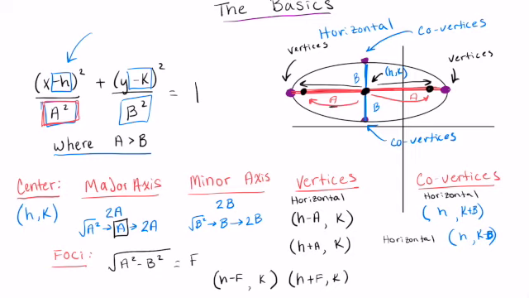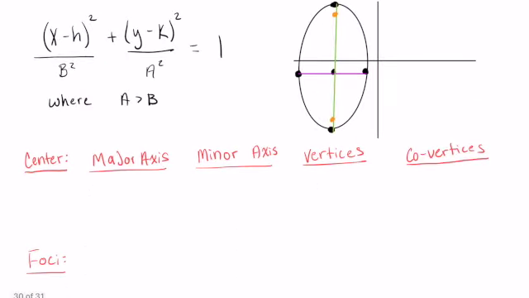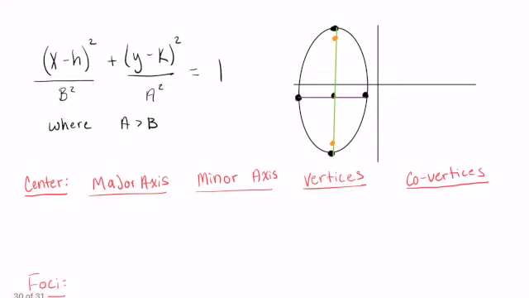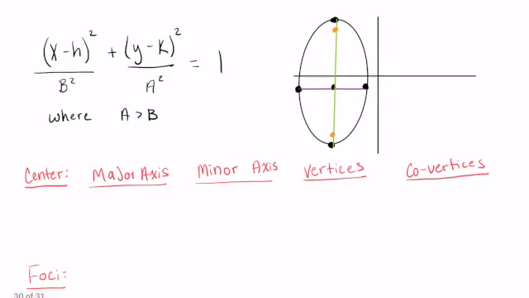So let's look at a vertical ellipse. With a vertical ellipse, it's going to be just slightly different. Notice my larger denominator is now underneath my y variable. This gives me a vertical ellipse.